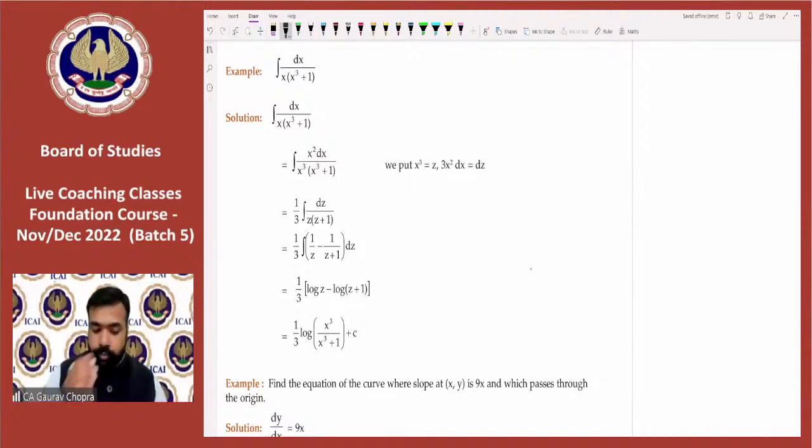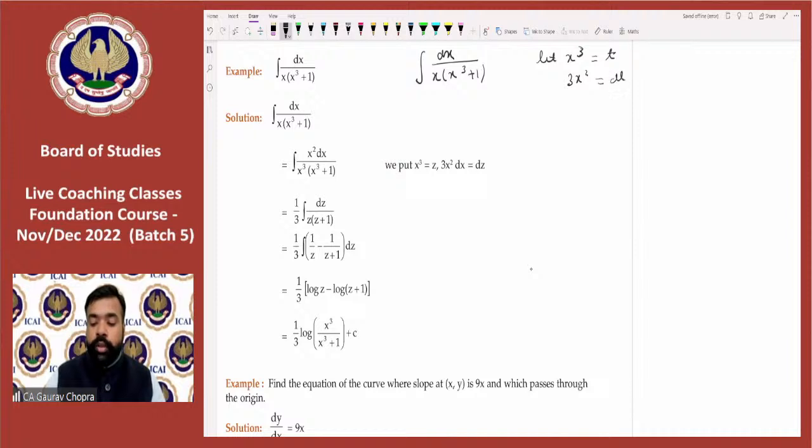So we have the integration of dx divided by x multiplied by x cube plus 1. Now what we have to do, we have to assume first. What can we assume? Let x cube be equal to t. If x cube is equal to t, differentiating both sides, we get 3x square equal to dt by dx.